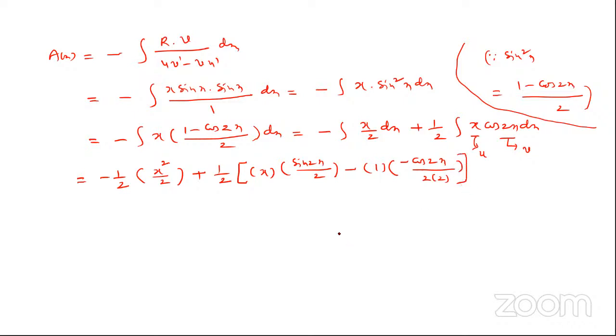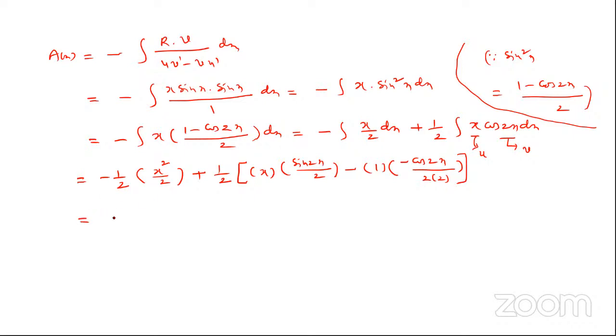So integration of x into cos 2x is once again u into v: x into integration of cos 2x, which is sin 2x by 2, minus derivative of x with respect to x, which is 1, then integration of sin 2x by 2, which is minus cos 2x by 2 into 2.